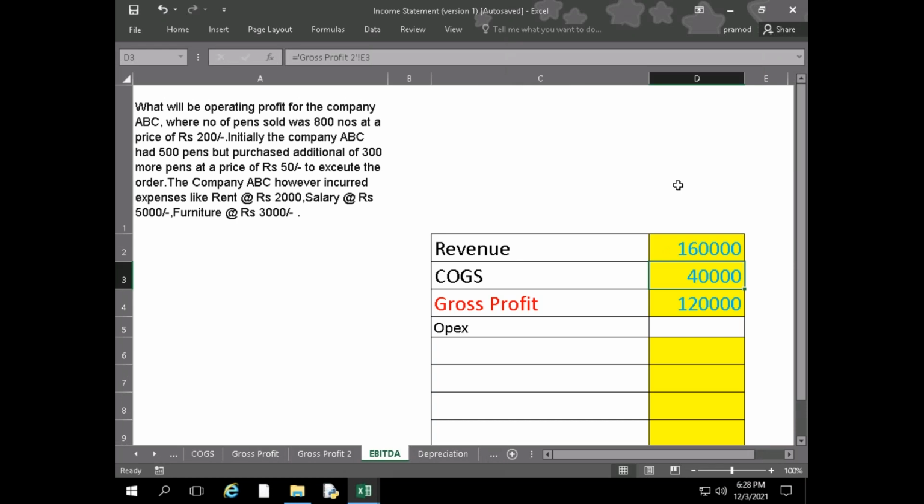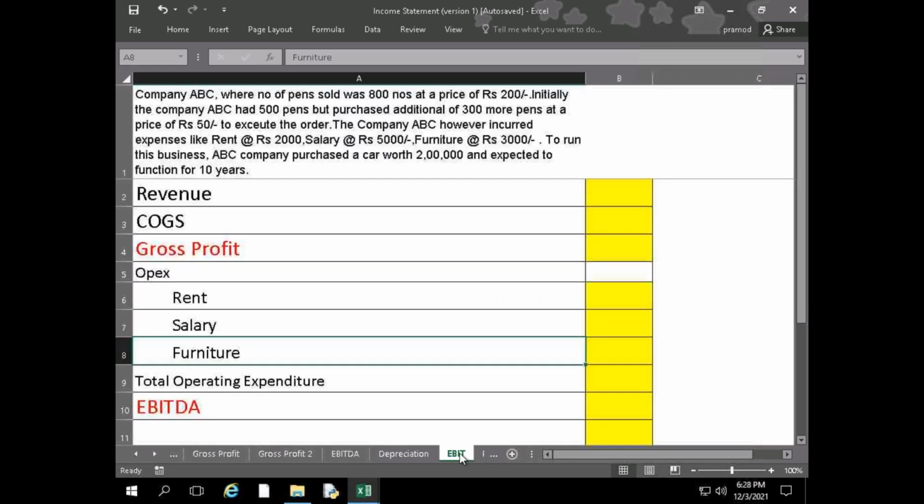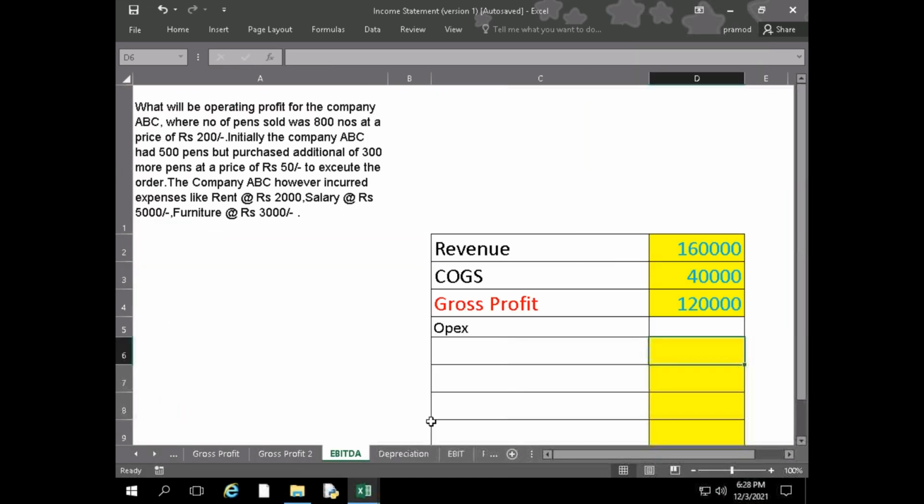It is two formulas, sir. For EBITDA, we have to do gross profit minus total operating expenditure. So here you find out only the OPEX.